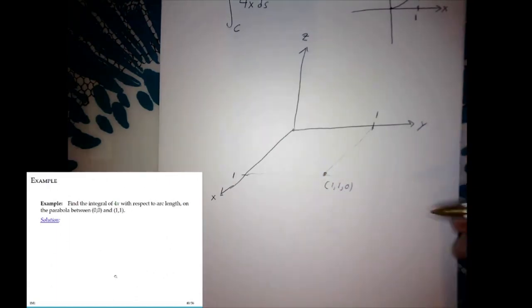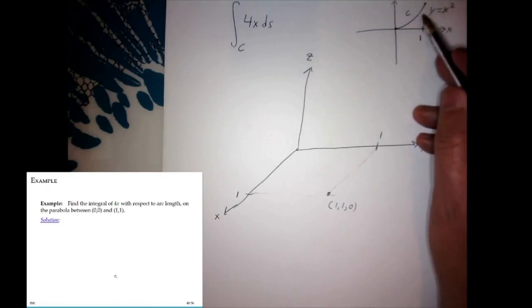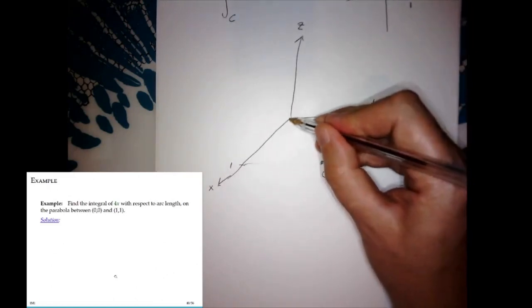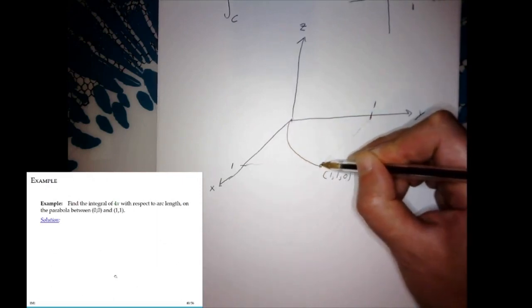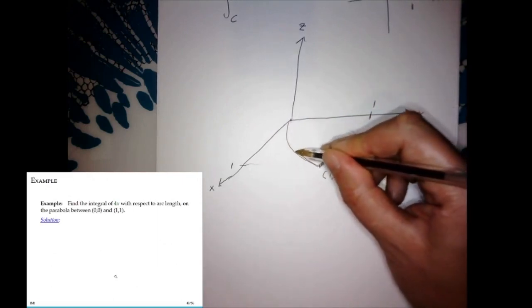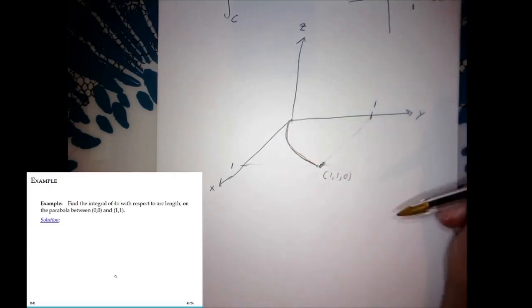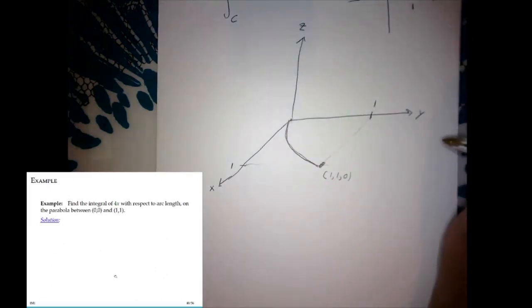So x coordinate 1 and y coordinate 1 and z coordinate 0. And then this segment of the parabola in the xy plane is a curve which goes from (0, 0) to this point (1, 1). This is the parabola when we look straight down on it from along the z-axis.